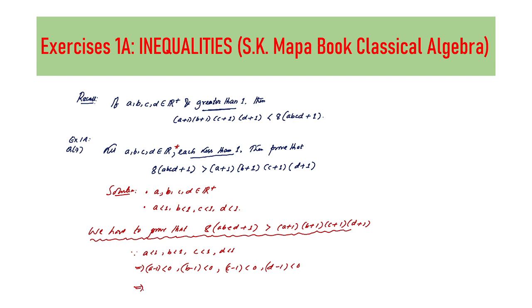From this condition, if we take the first two terms, (A minus 1) into (B minus 1) must be greater than 0. And if we take the last two terms, (C minus 1) into (D minus 1) is also greater than 0. As we know the fact, what is the fact? If x less than 0, y less than 0 are two real numbers, then xy is greater than 0. The product of two negative numbers is positive.